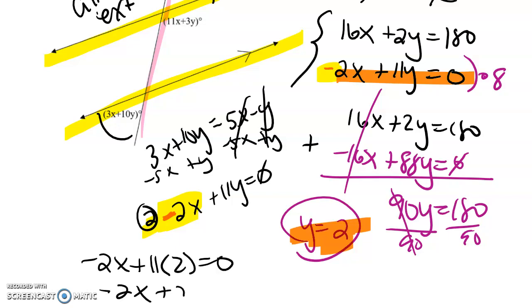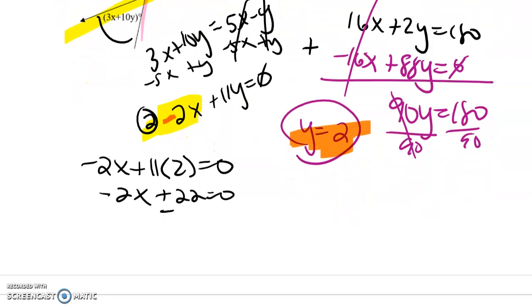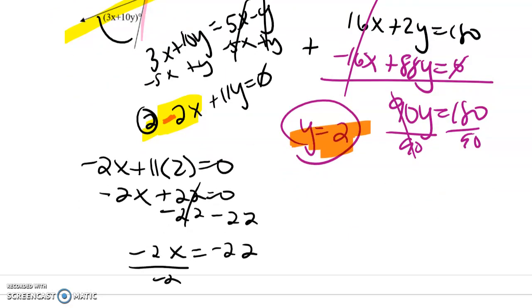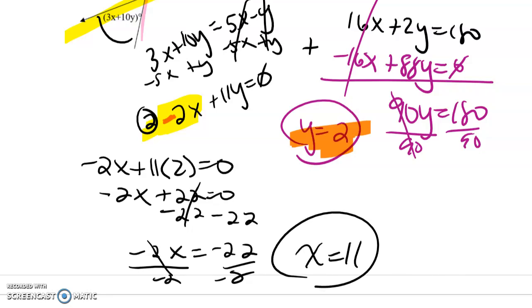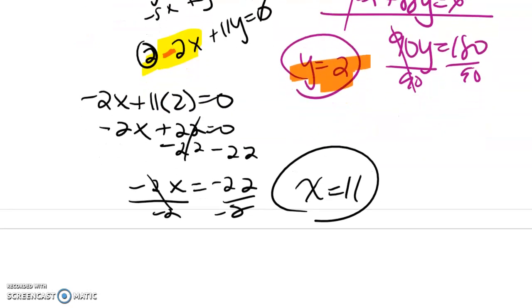Negative 2x plus 22 equals 0, which means if I subtract 22, negative 2x is equal to negative 22, divided by negative 2, and x looks like it's 11. Notice it's positive because 2 negatives make a positive.